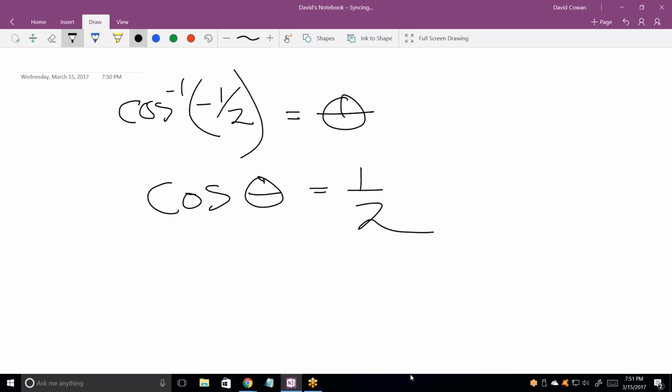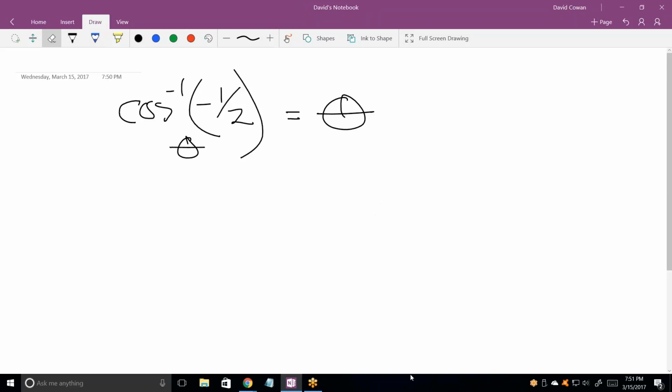Remember how we were doing all of these problems when we had tangent of inverse cosine? Our very first step was to label that theta, right? The reason I did that was because I wanted to make sure you knew you were looking at an angle there.